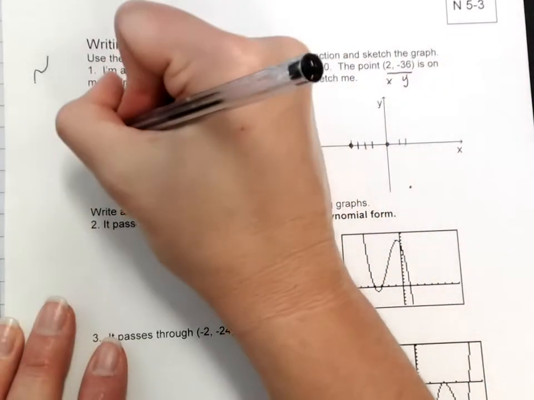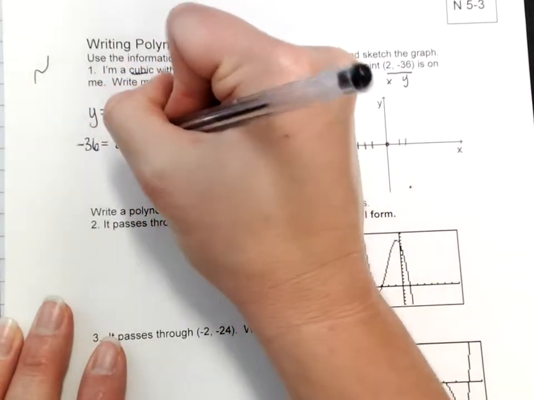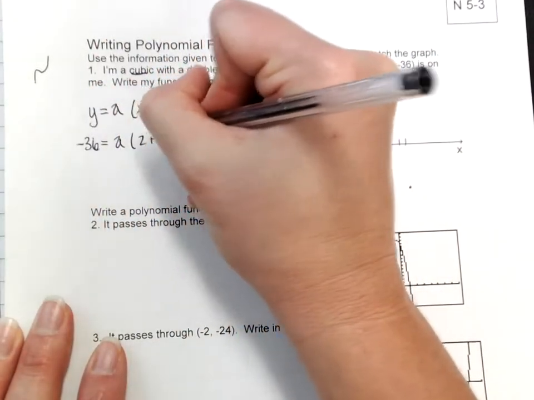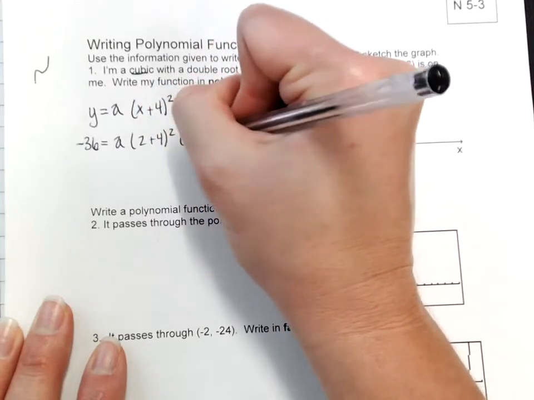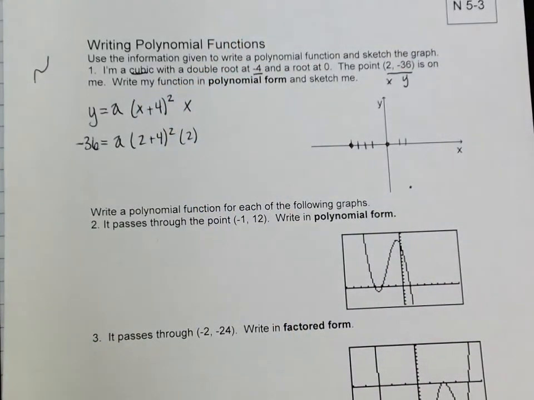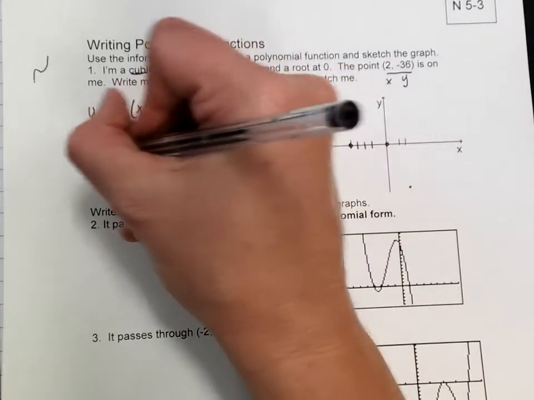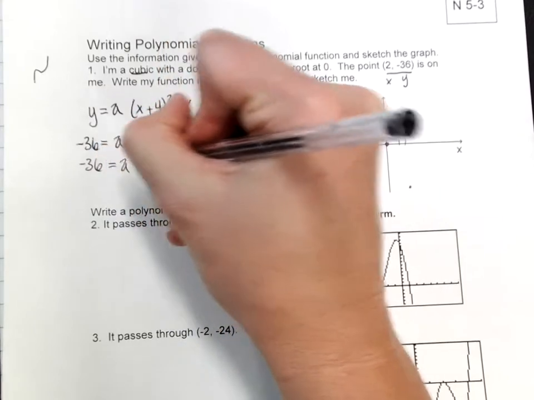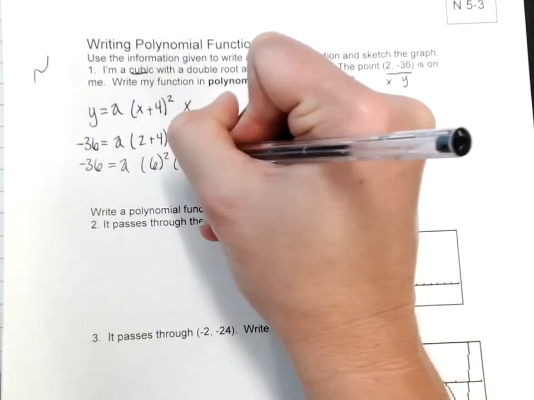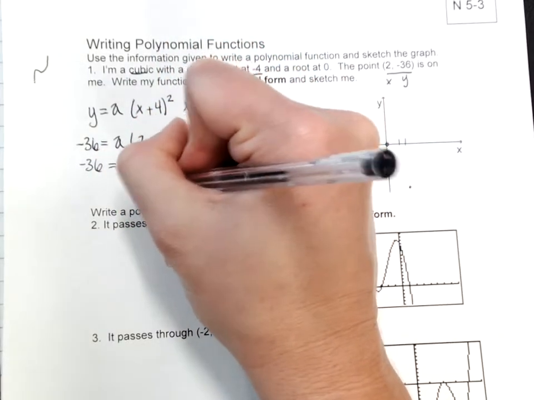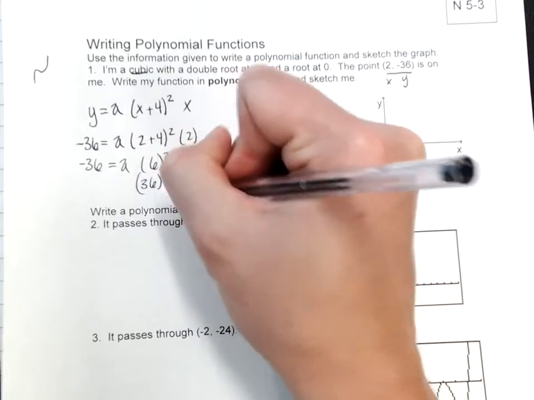So -36 equals a times (2 plus 4) squared times 2. 2 plus 4 is 6, 6 squared is 36, 36 times 2 is 72.